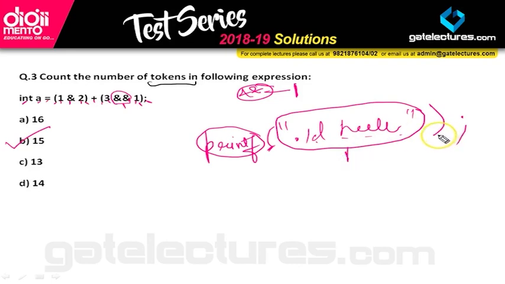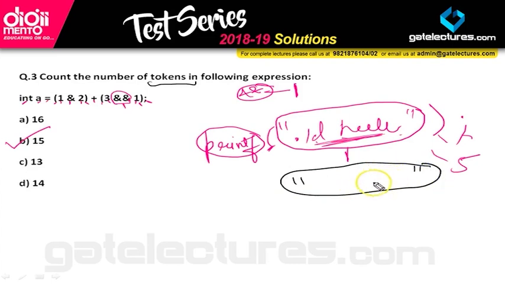So it is 3, 4 and 5, so 5 tokens. Do not count everything inside. It is considered one string, so inside double quotes is considered as one. You can solve many more questions to see how it is done. So in this question the answer is B, 15.